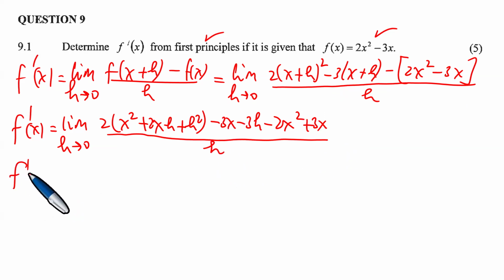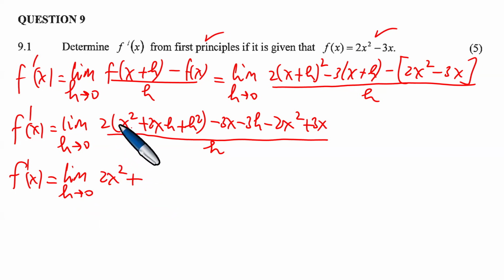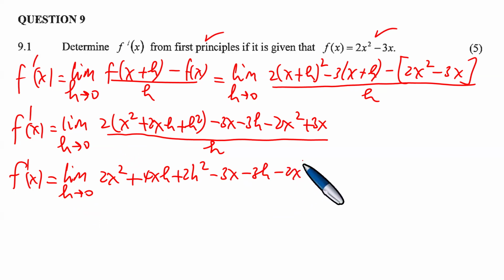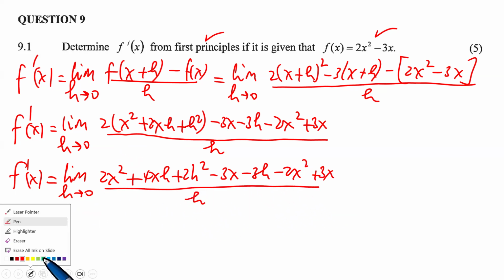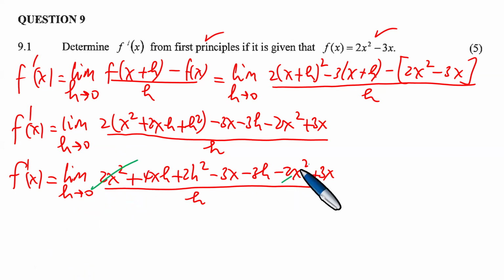Next, this gives us f prime, the limit as h tends to 0 of 2x squared plus, 2 by 2 is plus 4xh plus 2h squared minus 3x minus 3h minus 2x squared plus 3x all over h. So we have 2x squared in that, minus 3x in that.